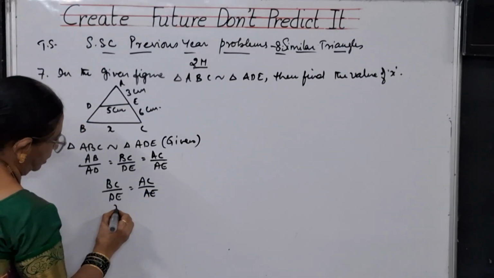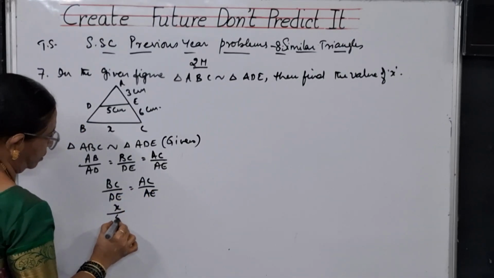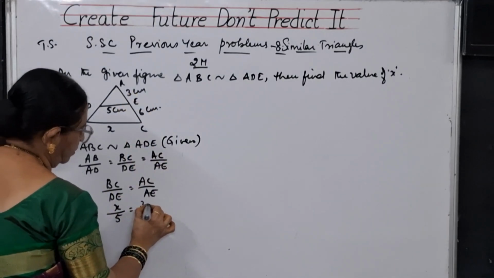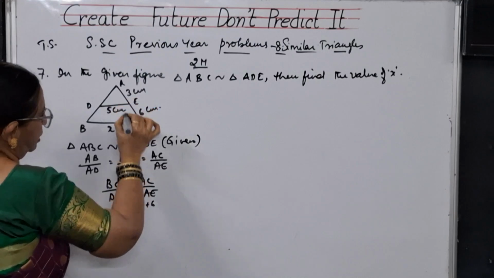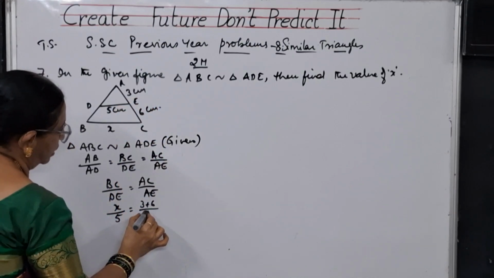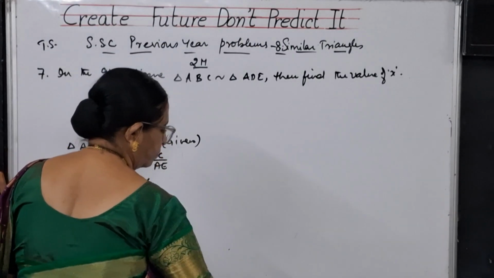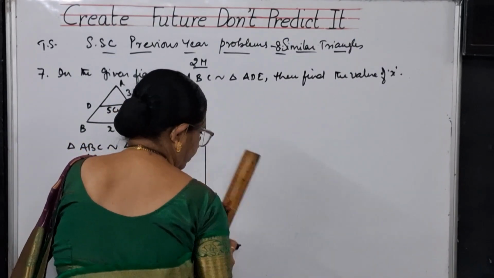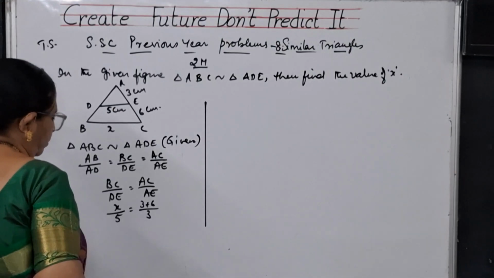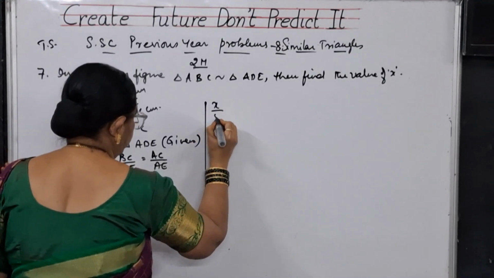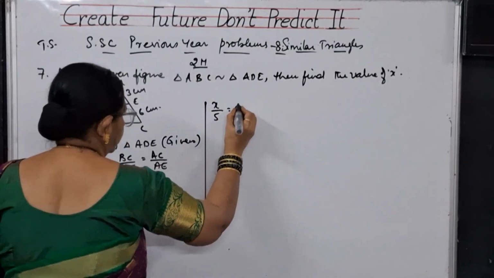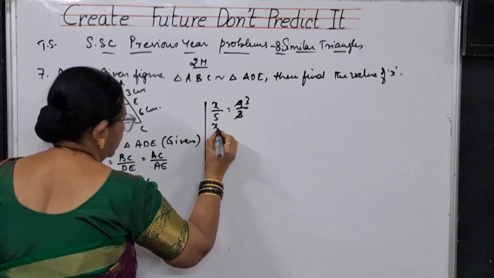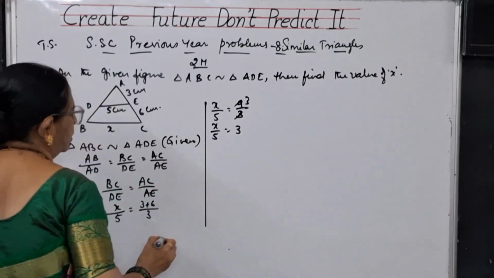What is BC? x. DE is 5, is equal to AC. AC means what? 3 plus 6, AE plus EC, by AE, 3. So, x by 5 is equal to 9 by 3. x by 5 is equal to 3.